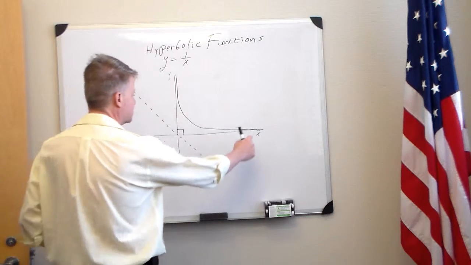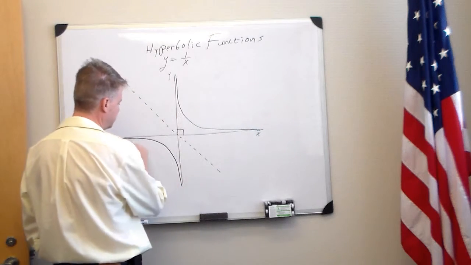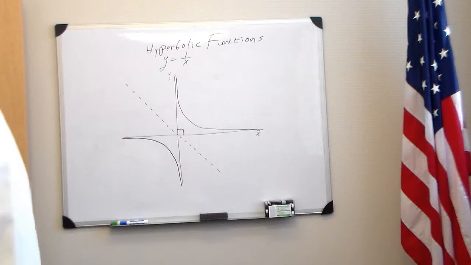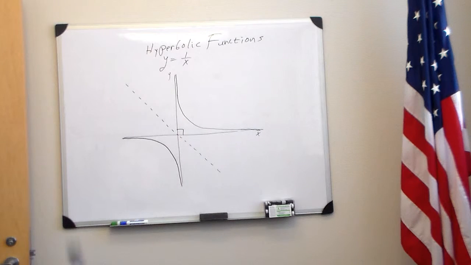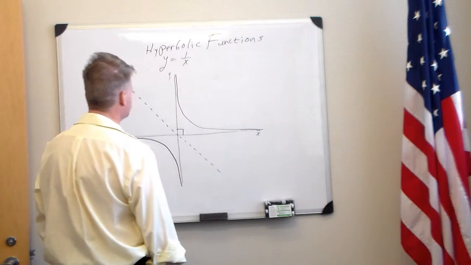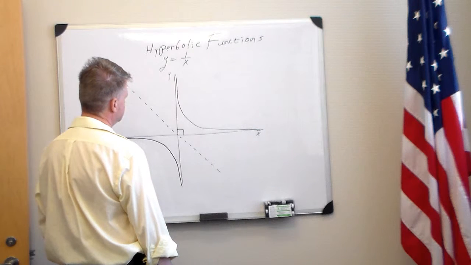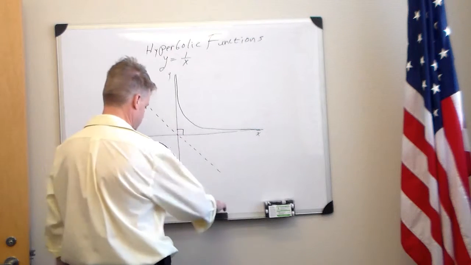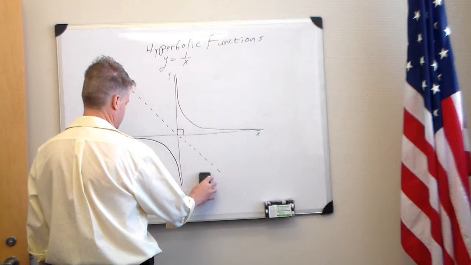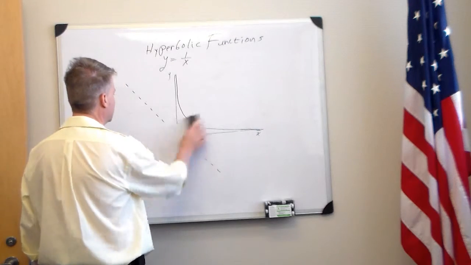The hyperbola becomes asymptotic to each of these axes on both sides. They never reach that axis, but they get closer and closer and closer to it. Okay? That's a hyperbola.